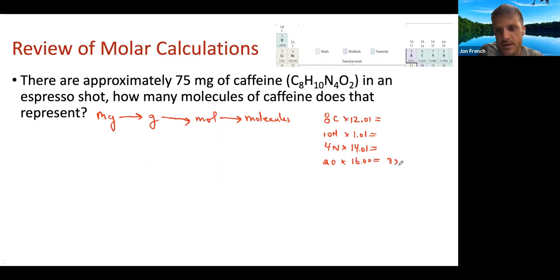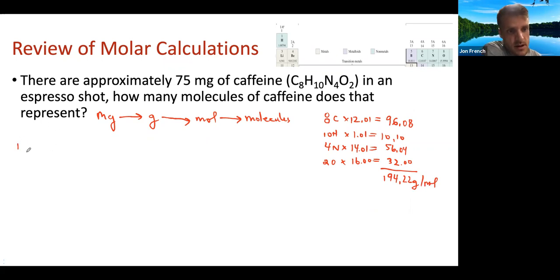So I've got 32 from the oxygen, 56.04 from nitrogen, 10.10 from hydrogen, and then 96 from carbon. Add those all up and I get a molar mass of 194.22 grams per mole for caffeine.